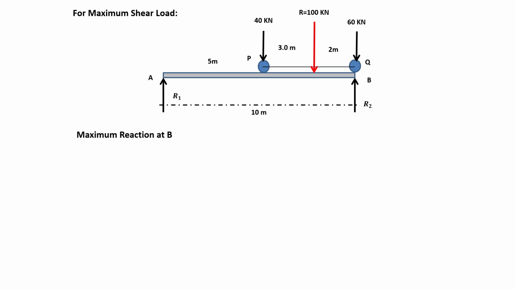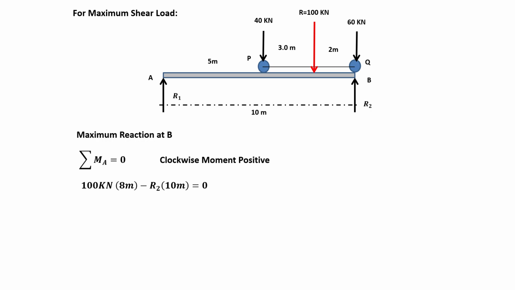So let's take summation of moment at A equals 0, considering clockwise moment positive. The resultant force of 100 kilonewton is 8 meters away from point A, while the reaction at point B, R sub 2, is 10 meters away.